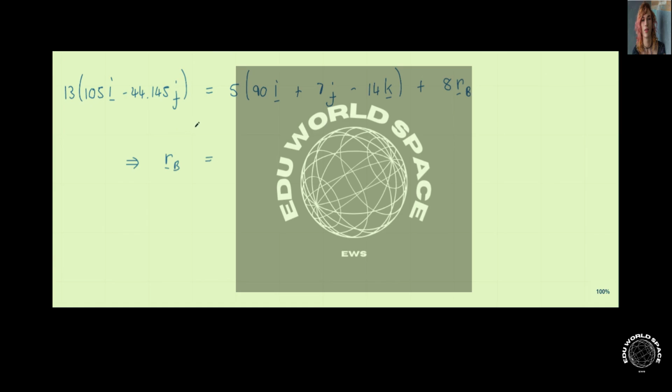And Rb ends up simply to be the position vector of the second fragment, 114.4 meters times unit vector I minus 76.1 meters times j plus 8.75 meters multiplied by the basis vector k, and hence we have a position vector for fragment B.